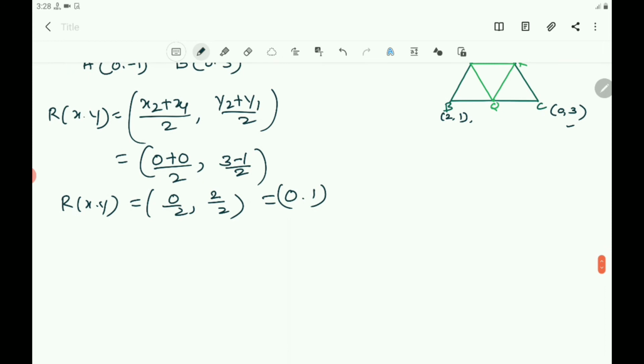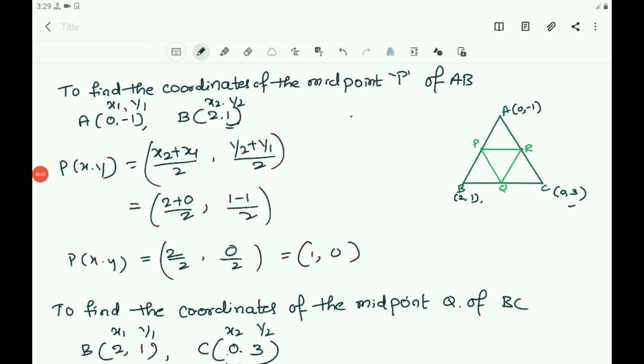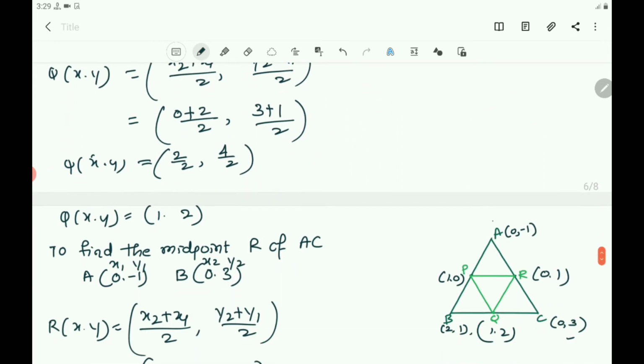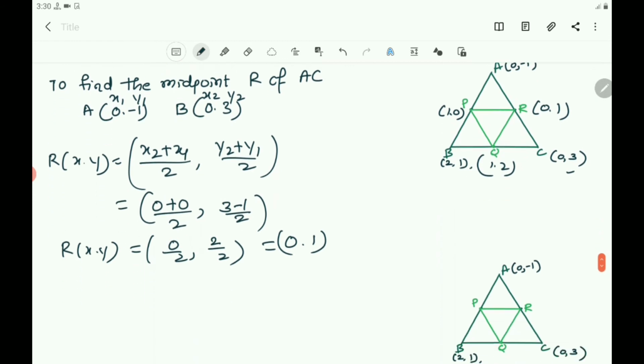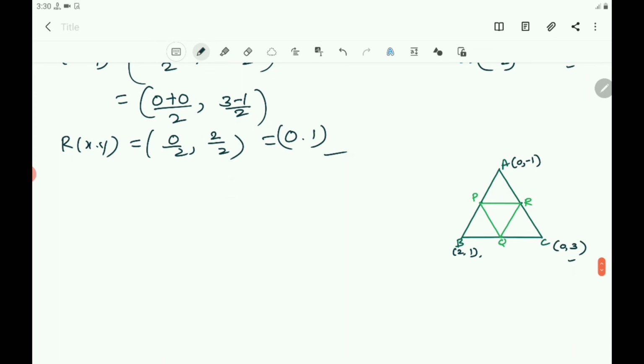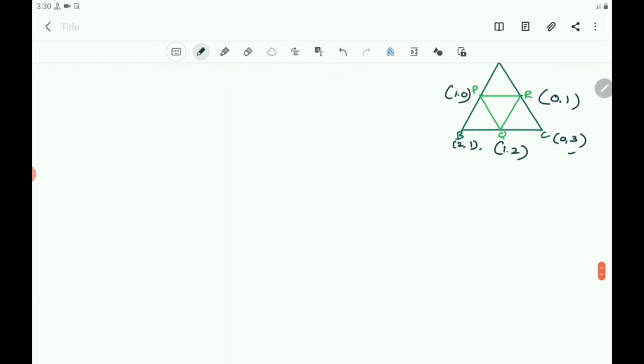Now let us find the area of the triangle PQR. Now you got the coordinates of the midpoint P, that is 1, 0, and coordinates of the midpoint Q, 1, 2, and coordinates of the midpoint R, 0, 1. P is a point with the coordinates 1, 0. Q is a point with the coordinates 1, 2. R is a point with the coordinates 0, 1.